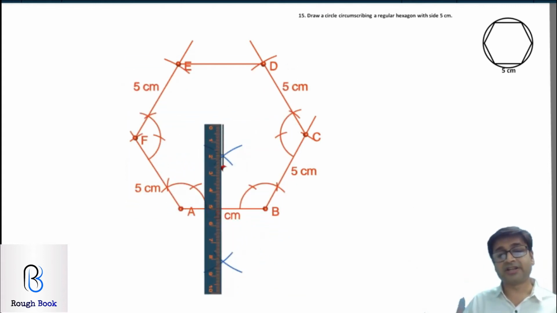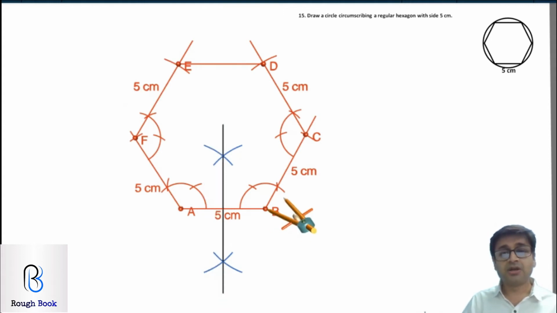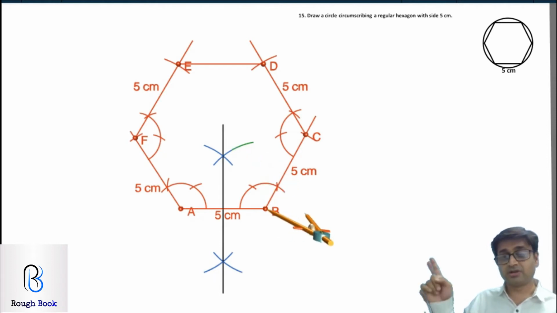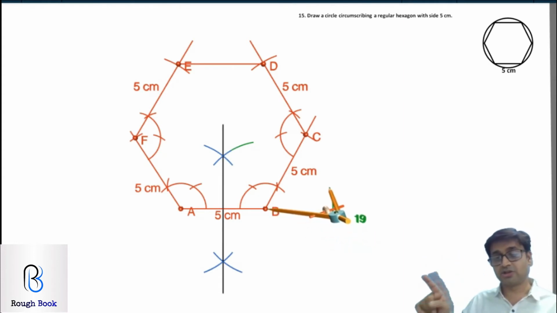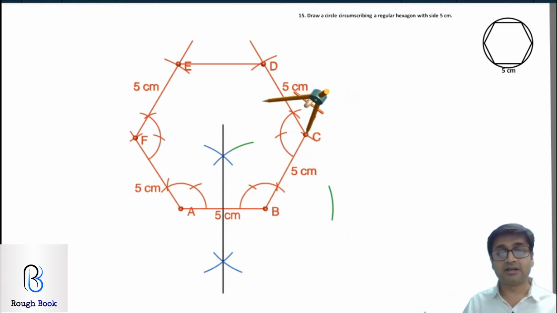Likewise, get one more side bisector of either BC or AF, whichever side you feel like. You can even take DC. So I'm taking BC, one arc on top, one arc at the bottom from point B, and then from C as well. The points of intersection we will join and we'll get the second side bisector.